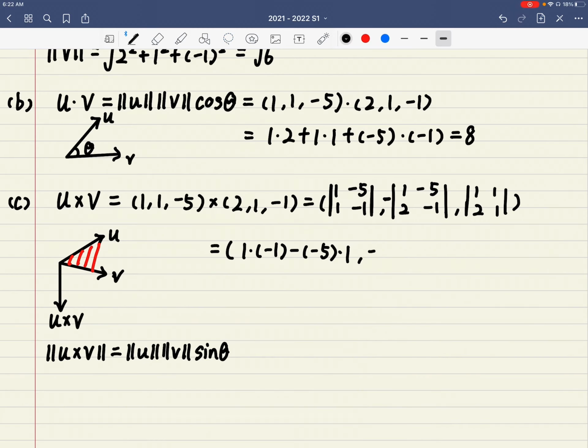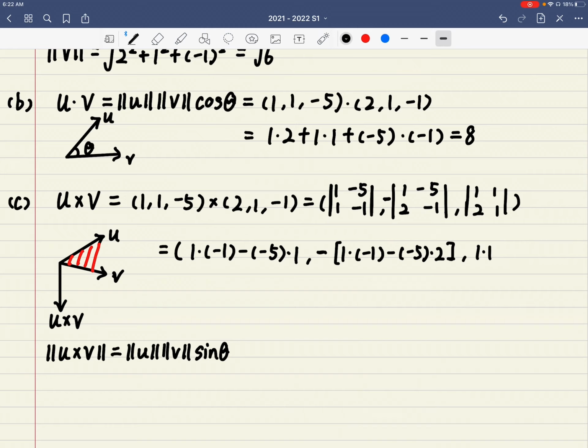And the last component is the same. It's 1 times 1 minus 1 times 2. So here it's going to be 4, -9, and -1. Okay, so this is U cross V.